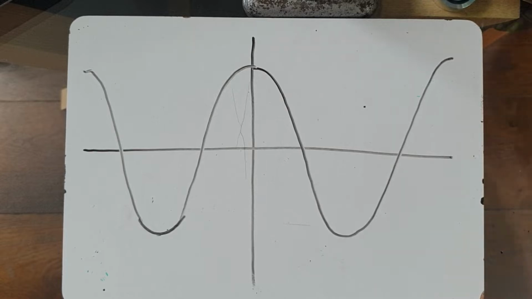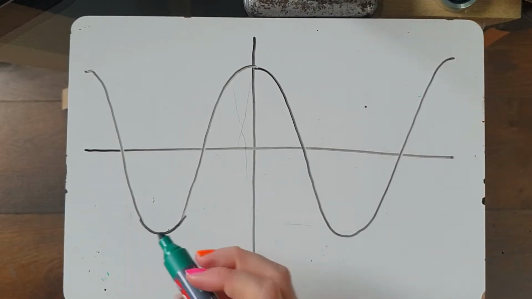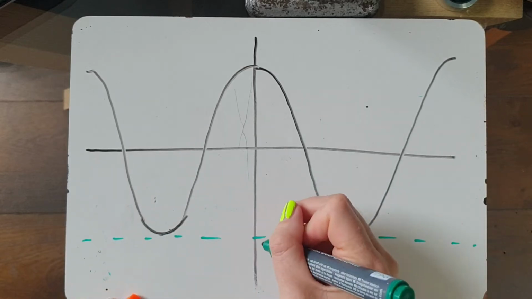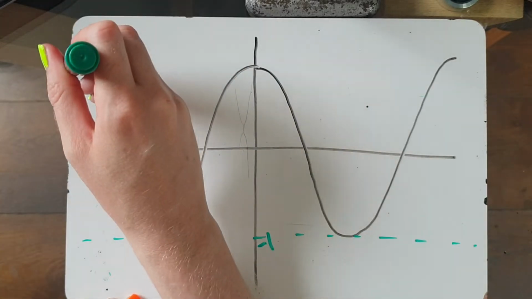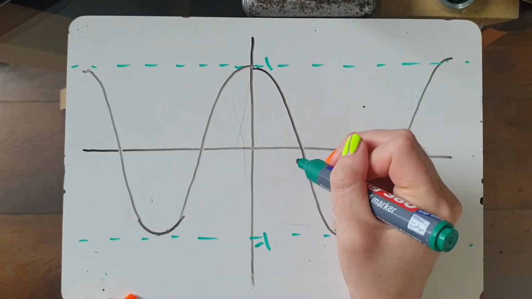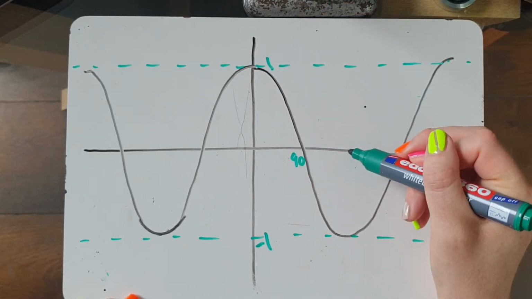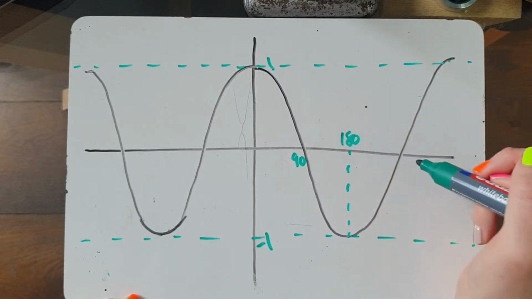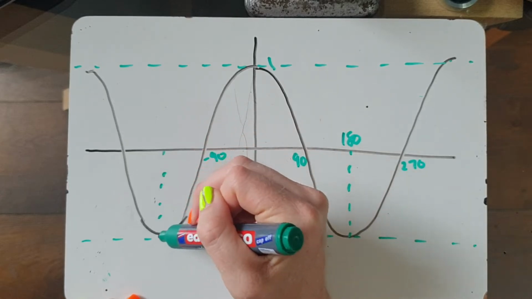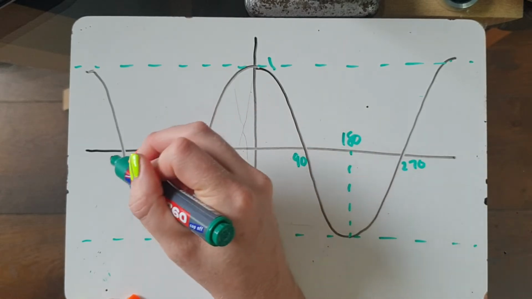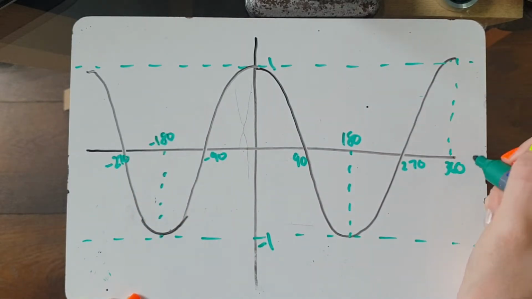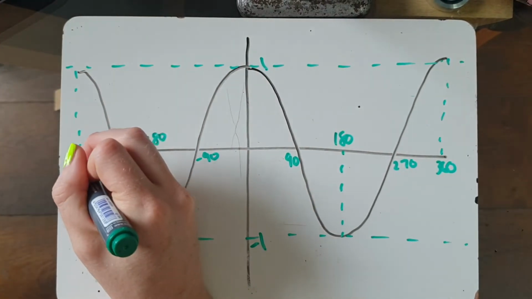So it should look like that, and then of course you need to mark on the key features. So its minimum is the same, it's -1 as sine x, and its maximum is the same as sine x, +1. This is 90, this is 180, 270, and then -90, -180, -270, and this peak is at 360, and this peak is at -360.